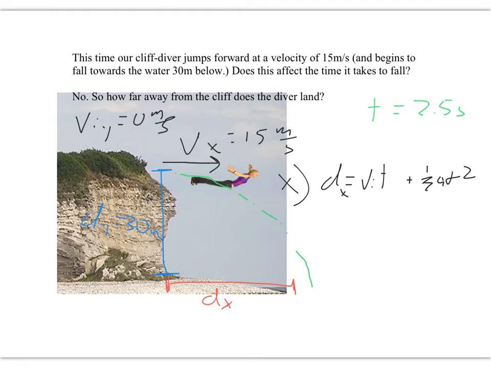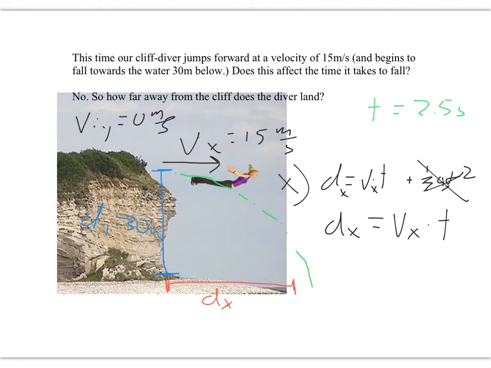So I'm going to call it dx, vx, and the important thing here is that the horizontal acceleration is 0, because the only acceleration in this problem is gravity. There is no horizontal acceleration, and so this entire second term just cancels out, and we're left with the horizontal distance is just equal to the horizontal velocity times the time.